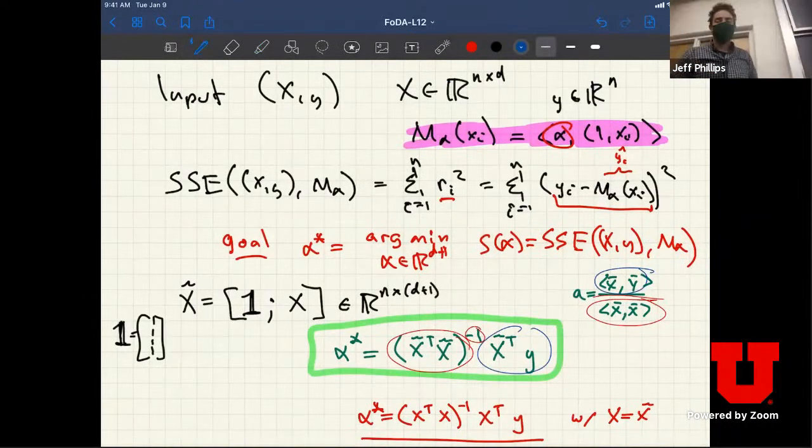Yeah. So will x tilde transpose x tilde always be invertible? It will not always be invertible. This is a really good question. It depends. What is the dimensionality of this matrix, x tilde transpose x tilde?